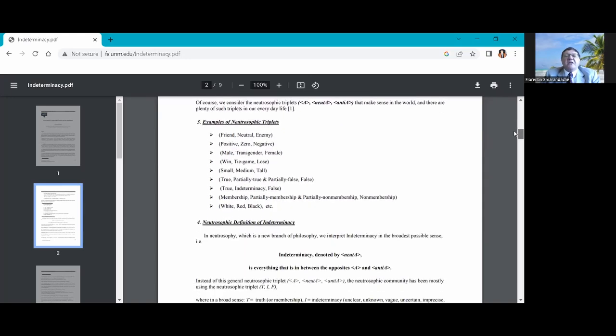Neutrosophic triplets are very well known in the world today, we have such kinds of triplets like friend, neutral, enemy; positive, zero, negative; male, transgender, female; win, draw or tie game, and lose; small, medium, tall; or true, partially true and partially false, and then false; for truth, indeterminacy, falsehood; membership, partially membership, partially non-membership, and then non-membership; white, red, black, and so on.